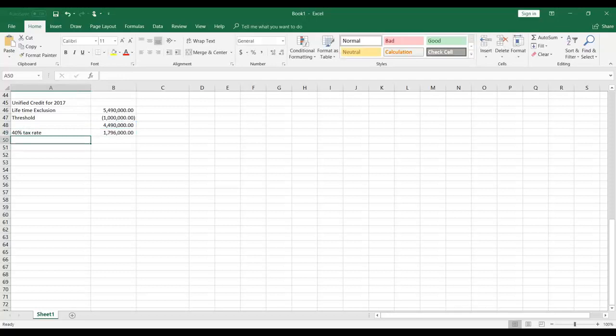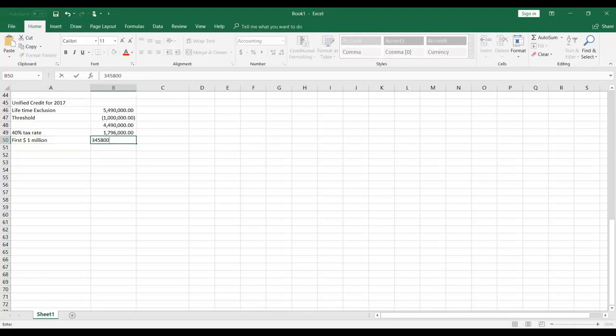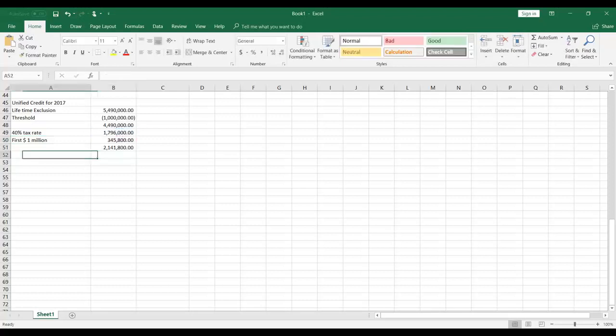Okay, so on the 4.49 million, my tax is 1,796,000, and then on the first $1 million, my tax was 345,800. So 2,141,800 is your unified credit for 2017.